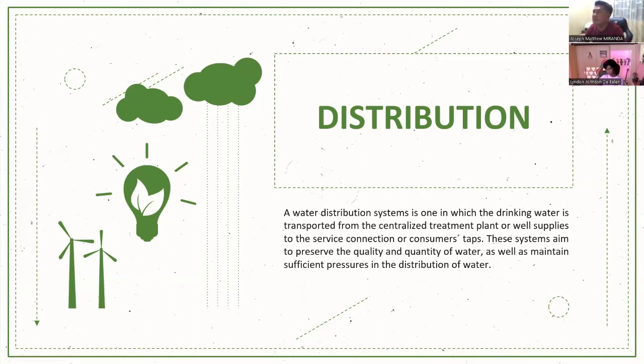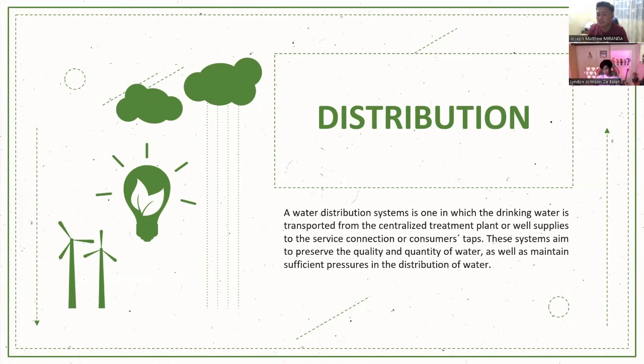Halimbawa na lamang dito sa amin sa Talavera Water District. Kapag natapos na i-process ang tubig, lalagay natin sa storage. Ngayon, kailangan natin ng distribution sa mga consumer para magbigay tayo ng quality and quantity na water.